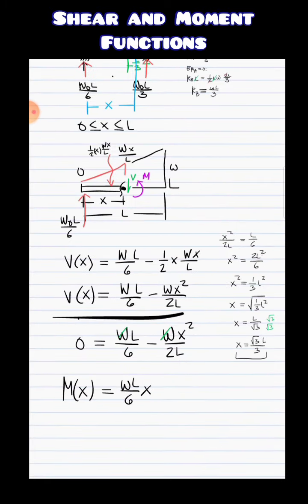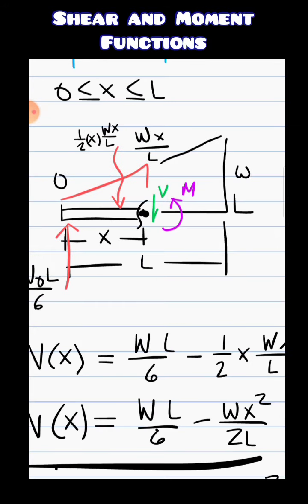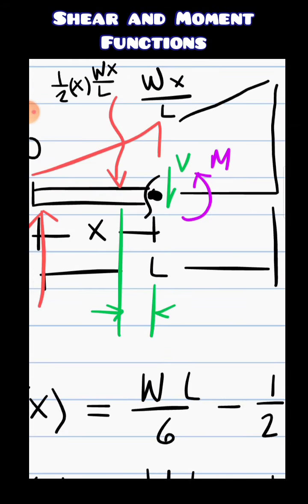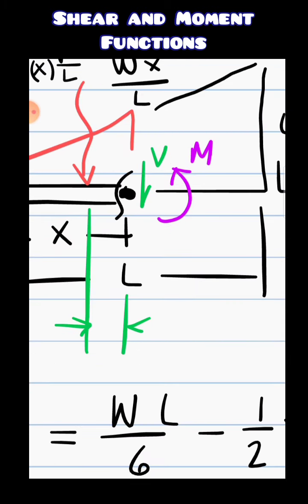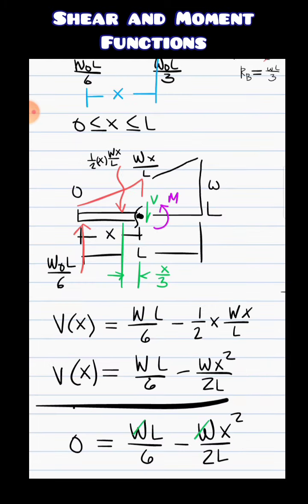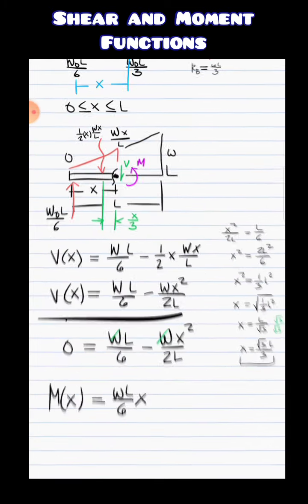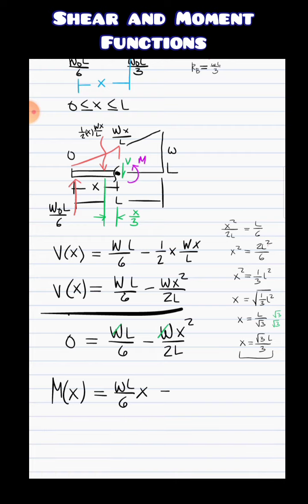That's our first moment. Our second is, of course, that force. As you can see, it's the centroid of the triangle, so the x bar is going to be 1/3 of the base. Our base here is x, so we're going to have 1/3 of x, or simply x over 3. That's the distance. This is the force, so let's write it down as negative. Why negative?